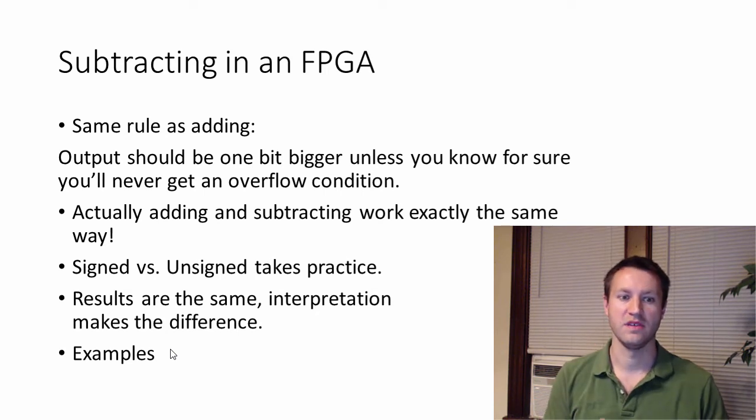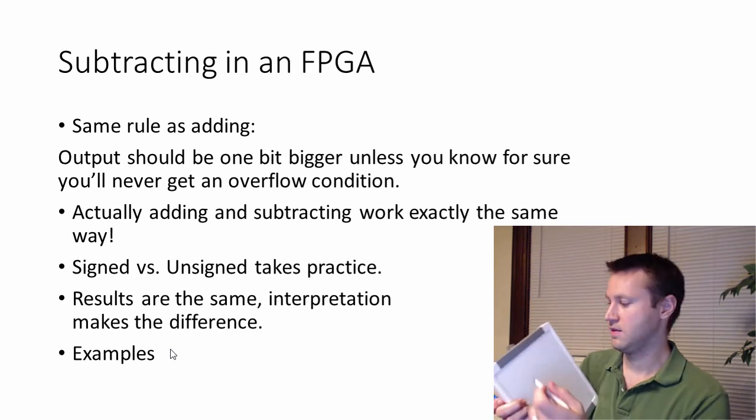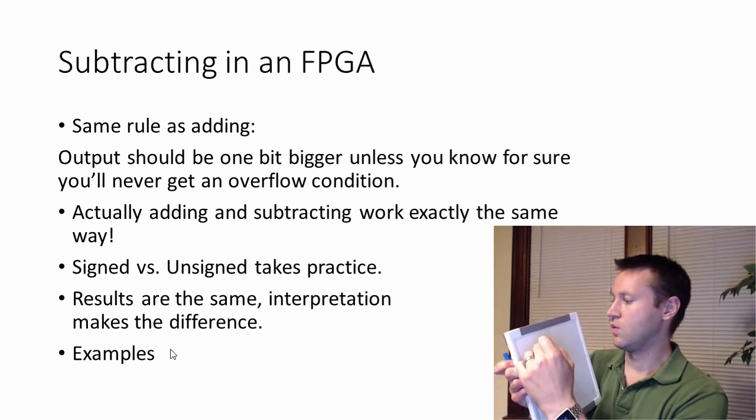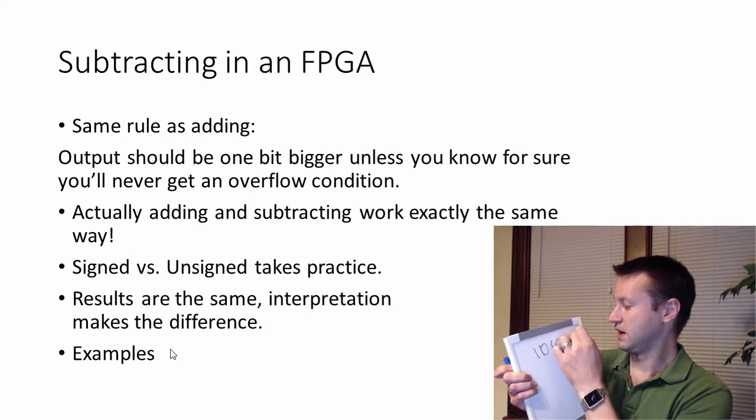One thing I want to highlight here is that the result of adding and subtracting 2 numbers is the same. It's the interpretation that makes the difference. The math works the same way, but whether the answer is unsigned or signed, that's the difference. If the answer is 1, 0, 1, 0 and we say that's a signed number, the answer is -6.